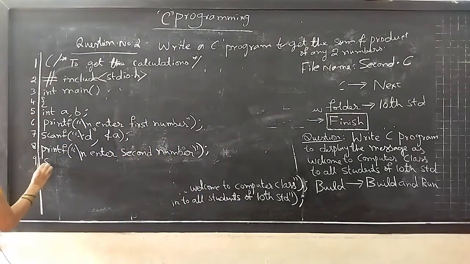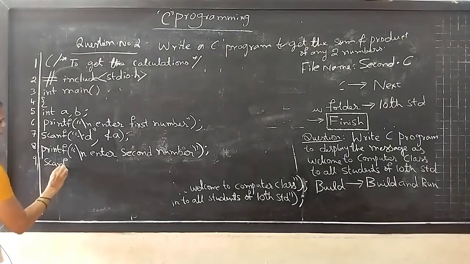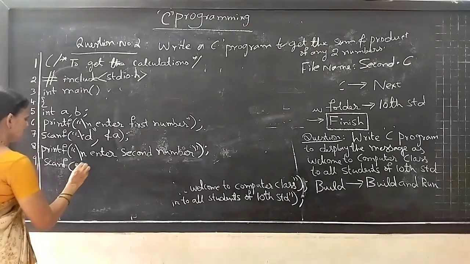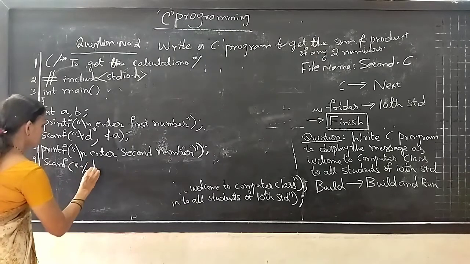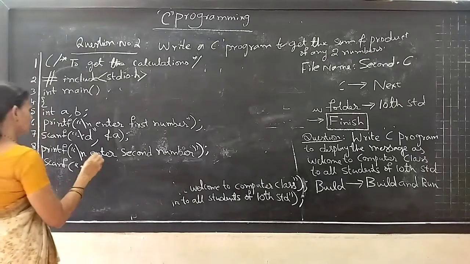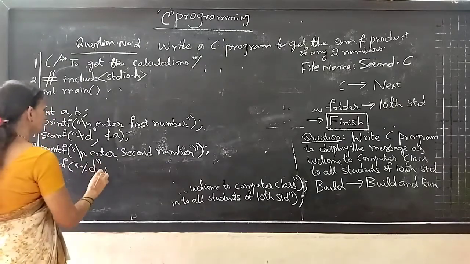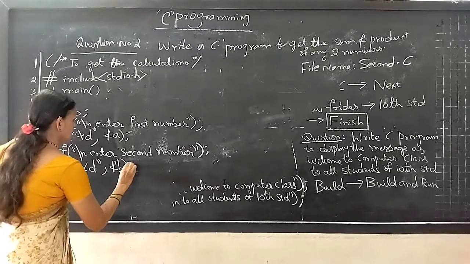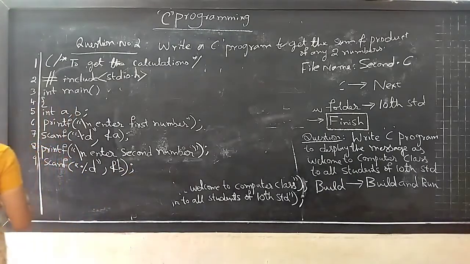On the 9th line you have to write scanf, double quote, percentage symbol d, closed quotes immediately, comma and b, semicolon.